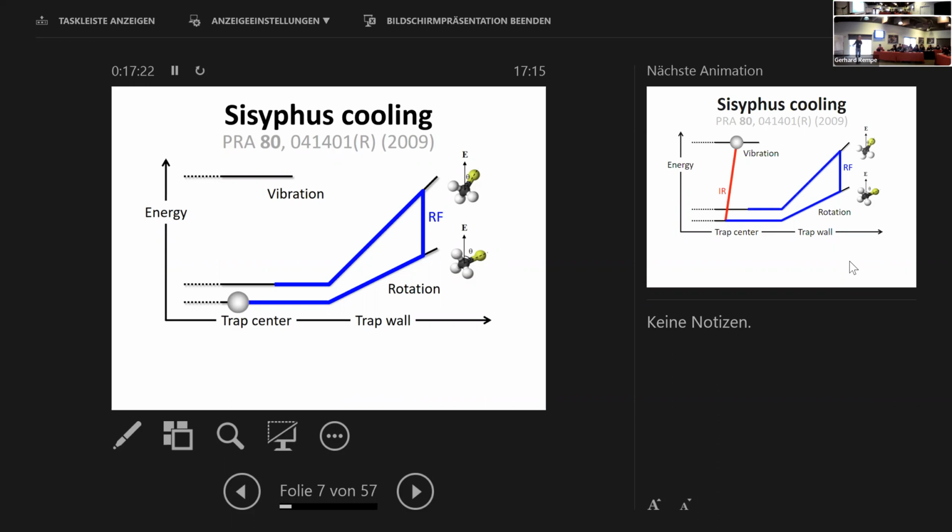Okay, so it loses kinetic energy when it climbs the wall, and it gains kinetic energy when it falls back, but the gain in kinetic energy is small compared to the loss in kinetic energy that happened before. So it's very simple. It's a Sisyphus effect, which is well known from atomic physics, but now it depends on the molecules here.